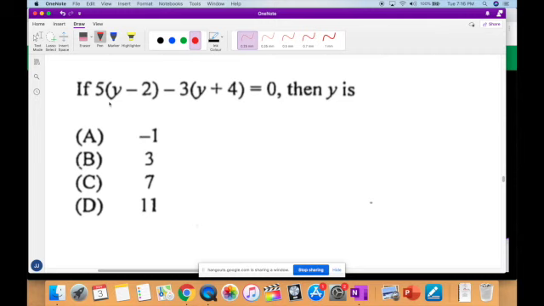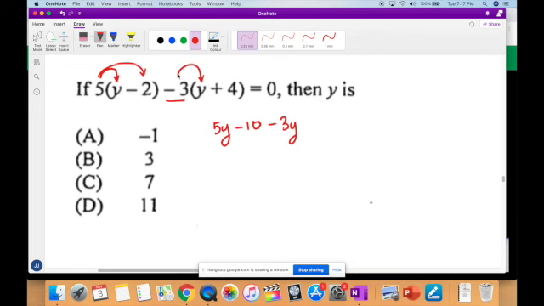This here is your basic distributive law. So 5 times y is 5y. Doing it nice and slow, right? 5 times -2 is -10. Now I'll come to this side. -3 times y is -3y.